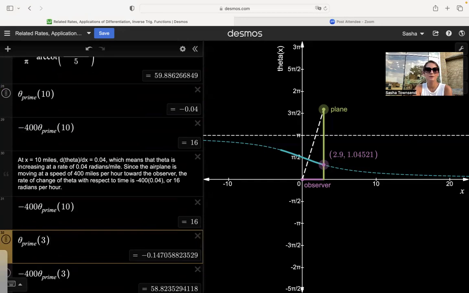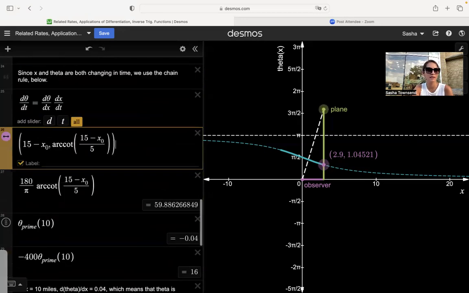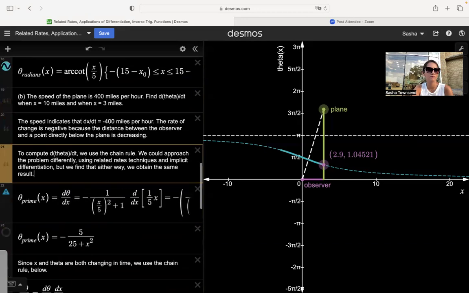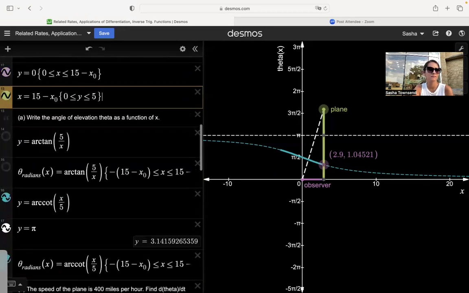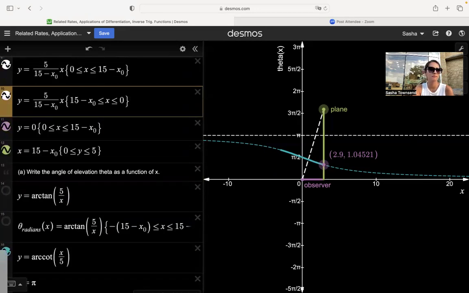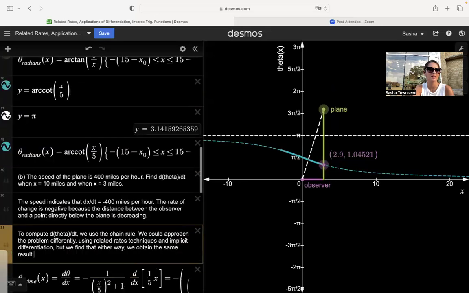All right, so we did that at x equals 10. Now we might also be interested in the change in theta with respect to time when x equals 3 miles. So we change our x value to 3. Trying to find my x naught.